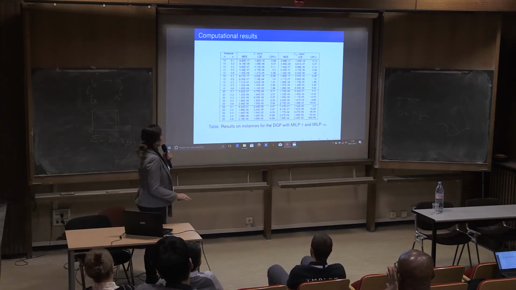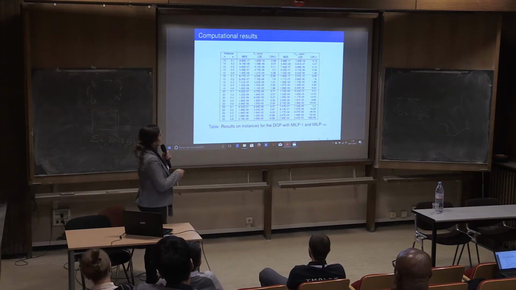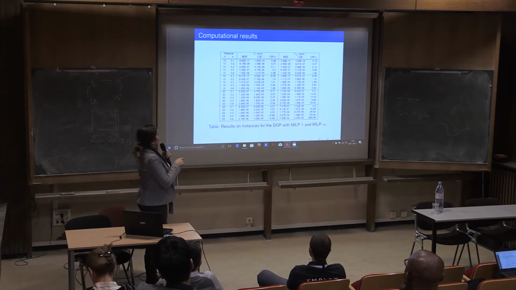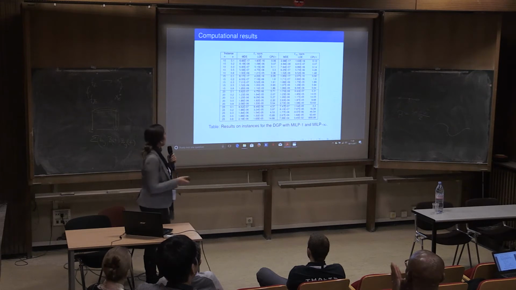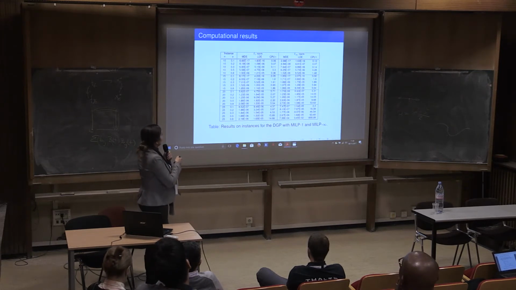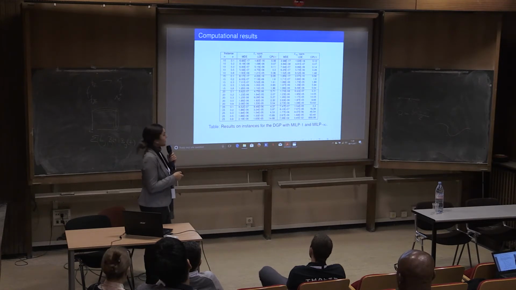Okay, so the first table concerns both MILP1 and MILP infinity, so both models. For each value of n, the number of edges, and each value of s, which I didn't explain but is just a measure of the density of the graph that we generated, we reported for each of the two models the two error measures of the solution we found and the CPU time needed to find it.